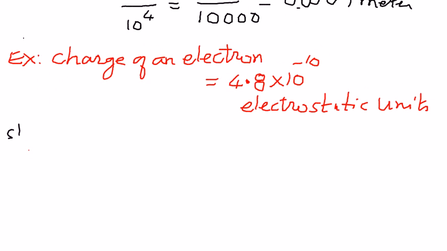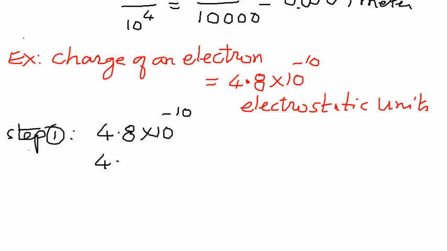Step number 1. We're going to write the given number down, 4.8 times 10 to the power of negative 10, and we can write this as 4.8 divided by 10 to the power of 10.